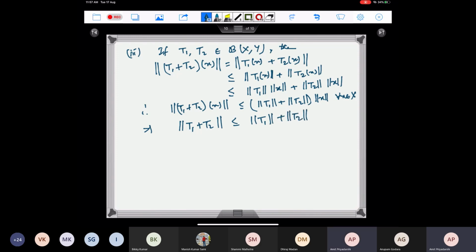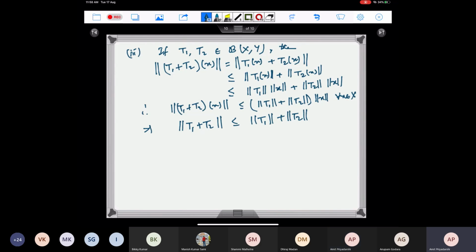Here I am just using that gamma was the infimum of all such constants. Or you can take norm x less than or equal to 1, then this supremum is less than or equal to this. So the triangle inequality is also satisfied. So this is a normed linear space.